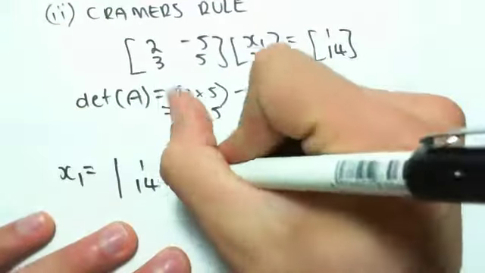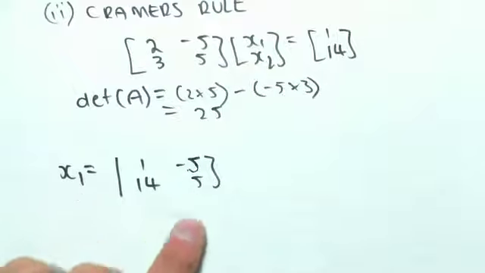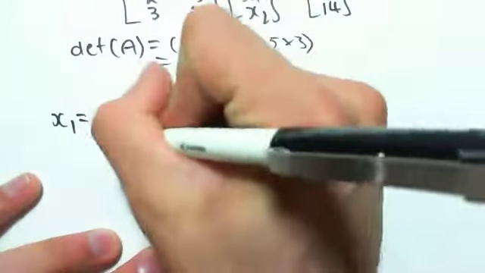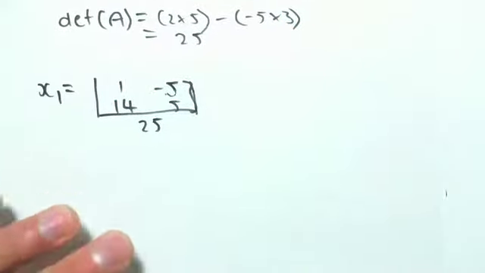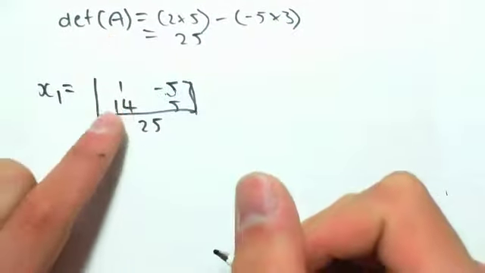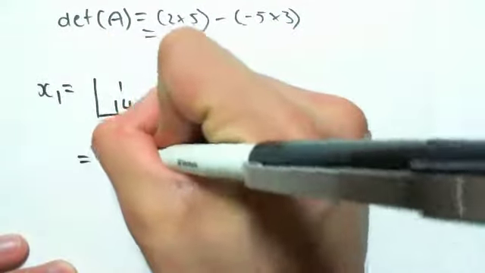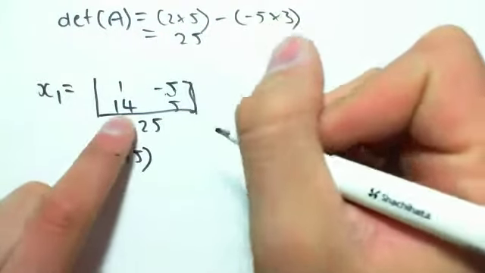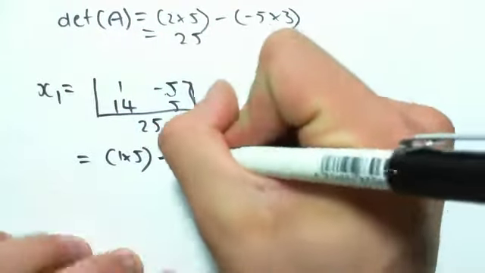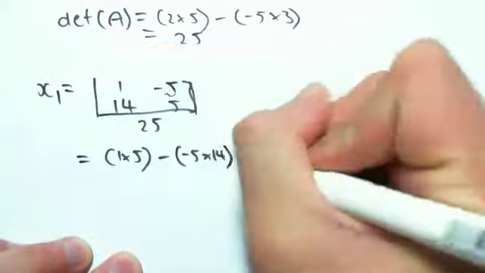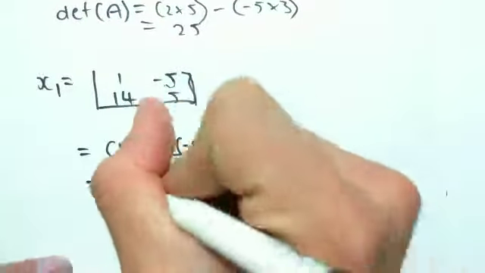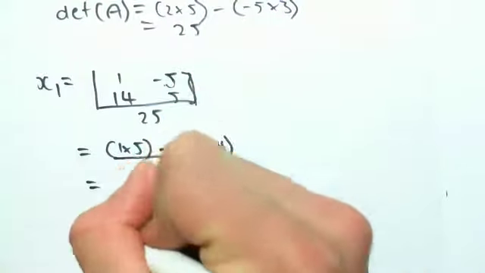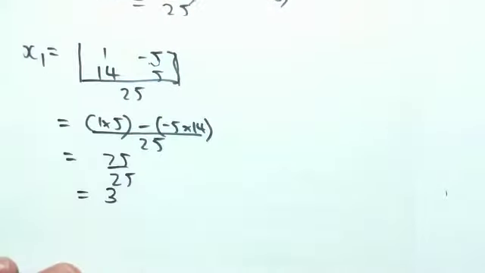So minus 5, 5, on top of the determinant of A, which we found to be 25. So if we were to solve this, we would have 1 by 5, once again finding a determinant for the top here, minus 5 by 14 on top of 25. And if you were to find that, you would have 75 on 25, which equals 3.